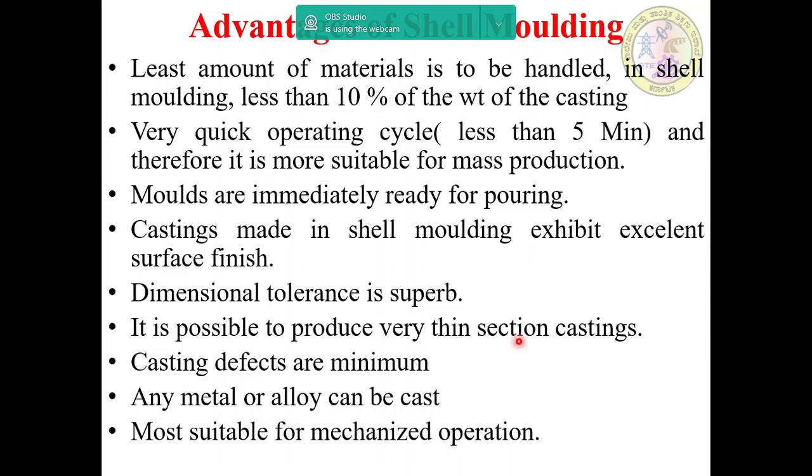Castings made in shell molding exhibit excellent surface finish, and dimensional tolerance is superb. It is possible to produce very thin section castings, and defectless castings, and any metal or alloy can be cast easily in the shell molding process, more suitable for mechanized operation. These are the main advantages of this shell molding.